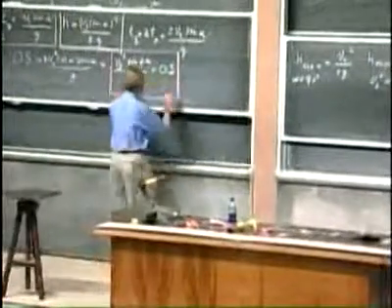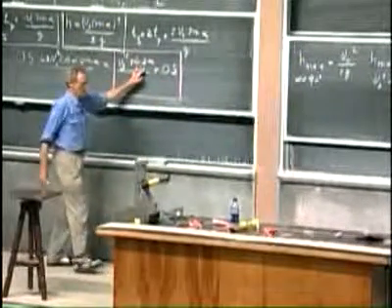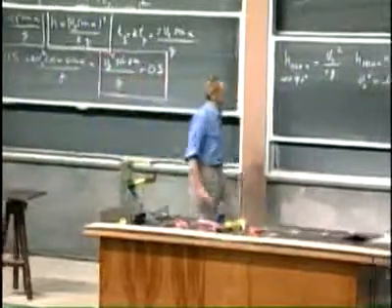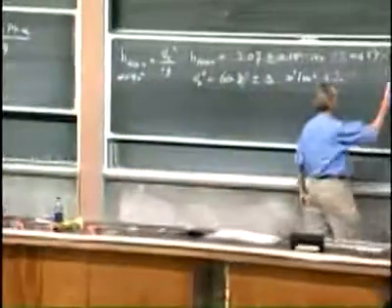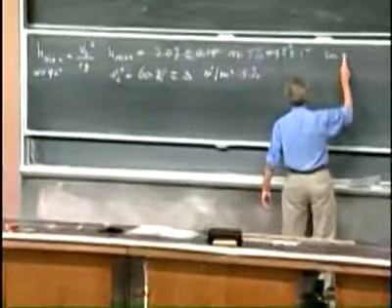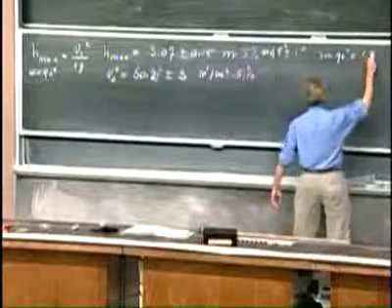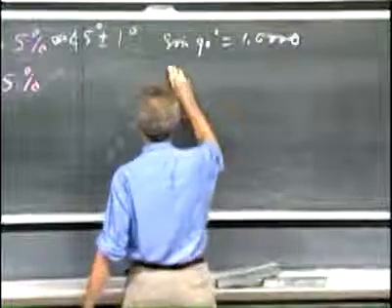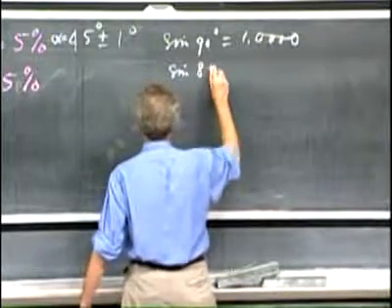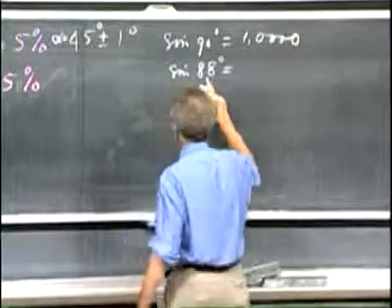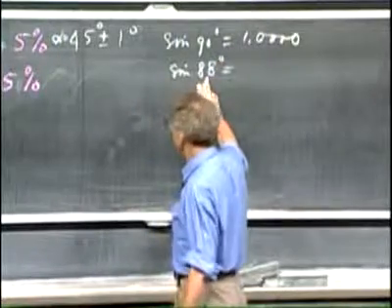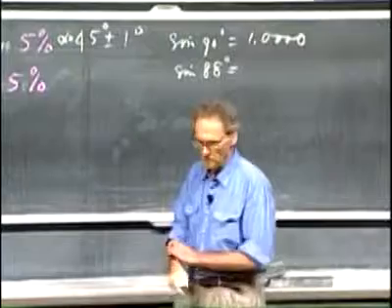Because we're going to measure OS. What happens with the sine of 2 alpha? The sine of 90 degrees is 1.0000. But what would be the sine of 88 degrees? That is the value that I cannot exclude if I'm off by 1 degree.